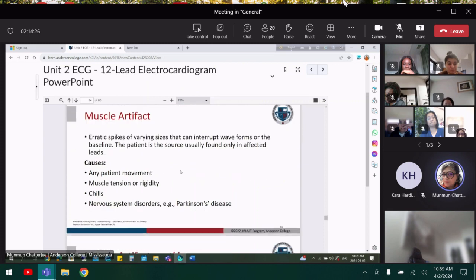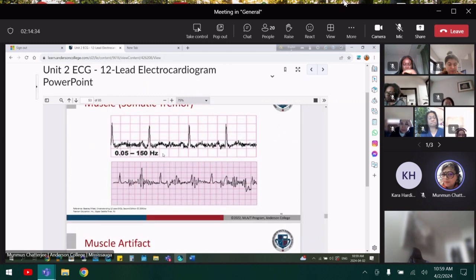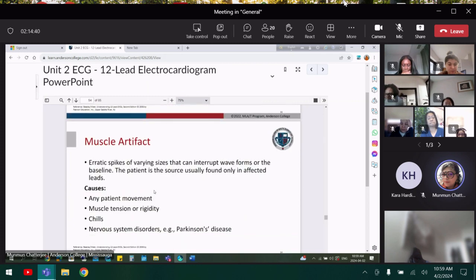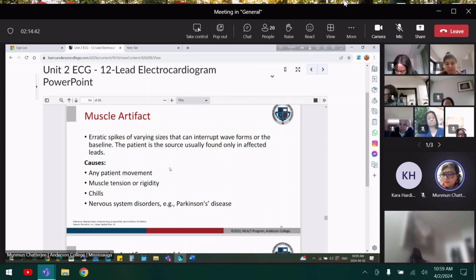So muscle artifact: these are erratic spikes of varying size that can interrupt the waveforms of the baseline. Erratic spikes, no similarity, nothing is regular. The person's movement is not constant. Who is the source?